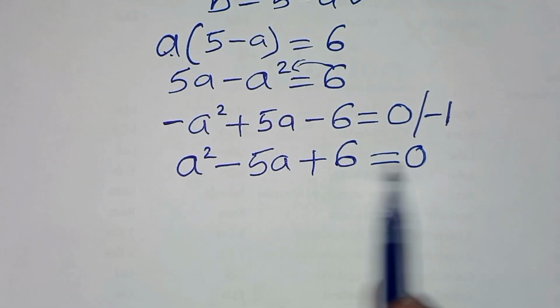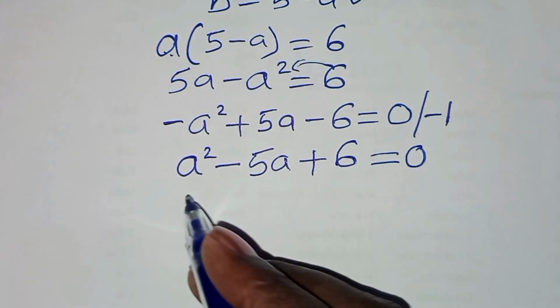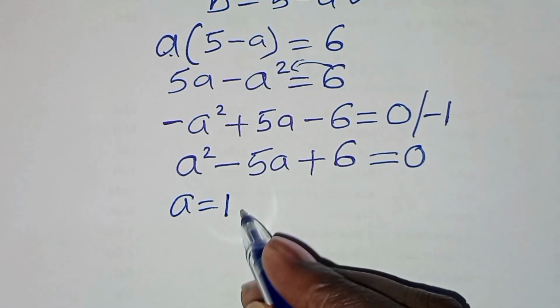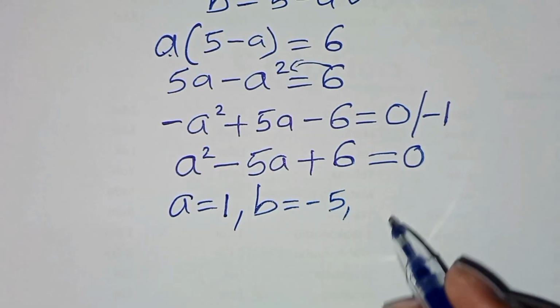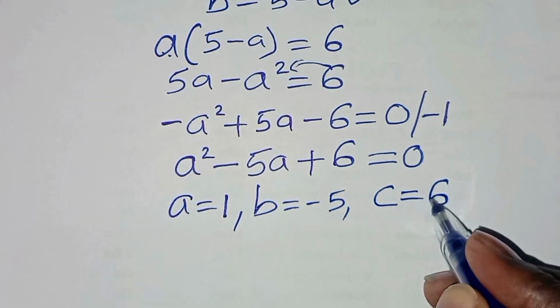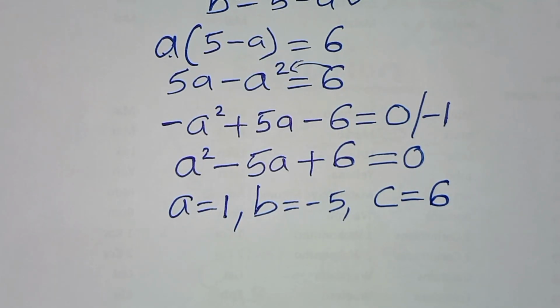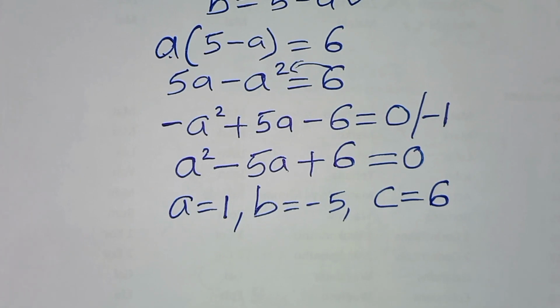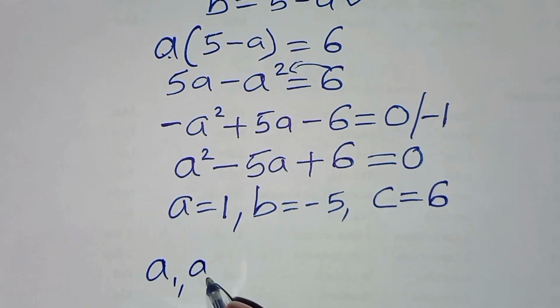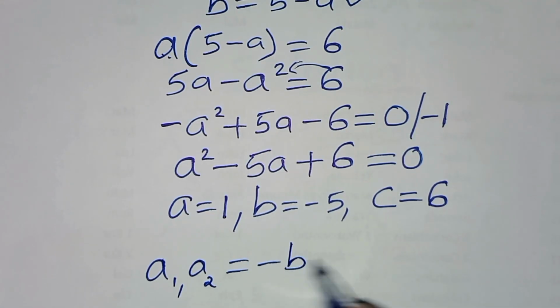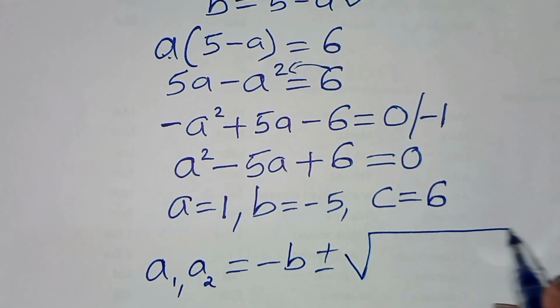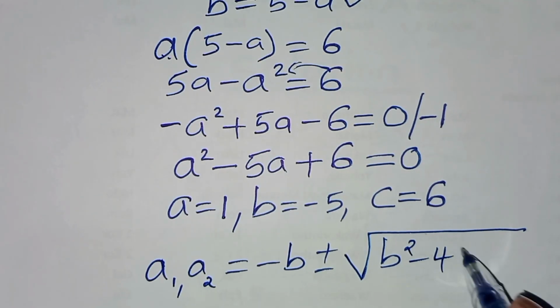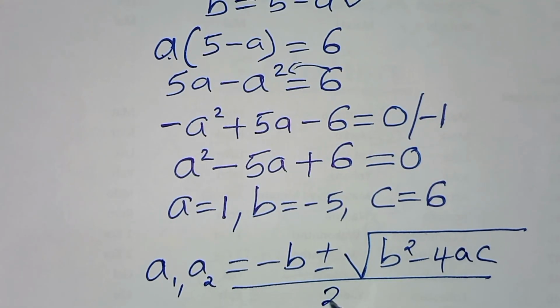Now this is the quadratic equation where a is equal to 1, b equal to negative 5, and c equal to 6. So in this case, we have a1, a2 equal to minus b plus or minus the square root of b squared minus 4ac divided by 2 times a.